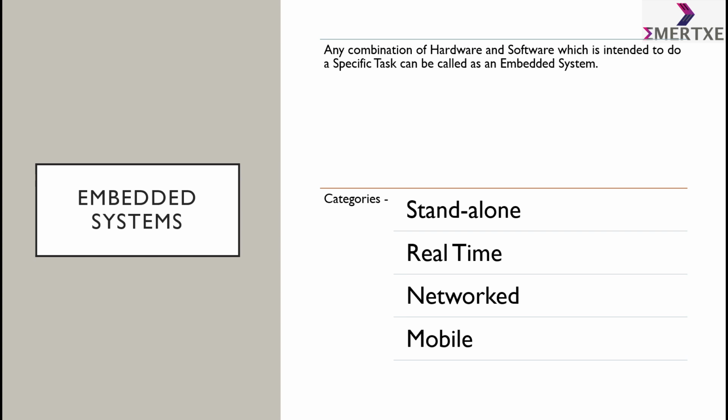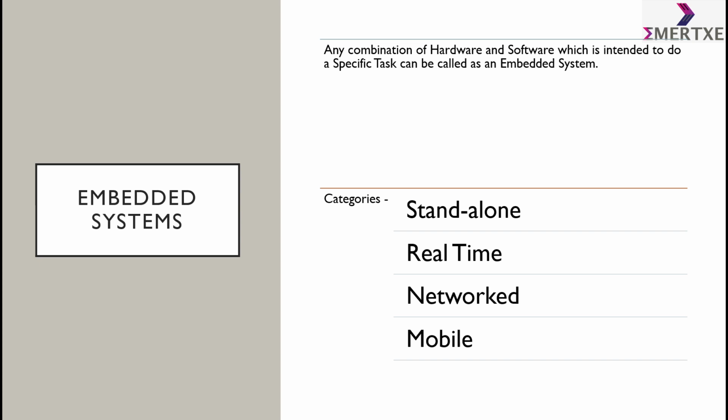Now we are going to talk about embedded systems. I'm going to introduce embedded systems, which is the core part of the project. Any combination of hardware and software which is intended to do a specific task is called an embedded system.